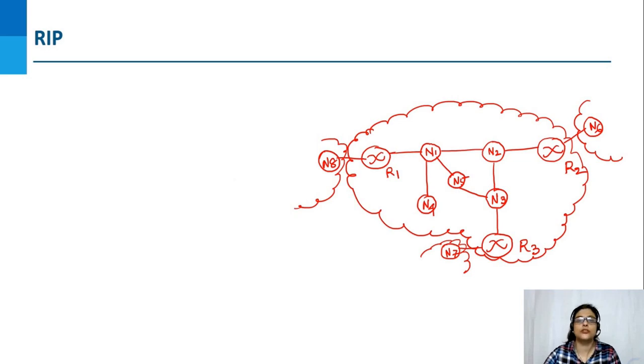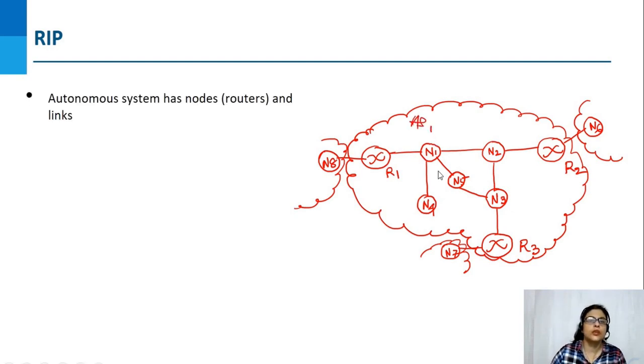So this is an autonomous system having several routers and networks. Like here we have routers R1, R2 and R3, and the networks N1, N2, N3, N5 and N4 are within this autonomous system. So the autonomous system will basically have these nodes.